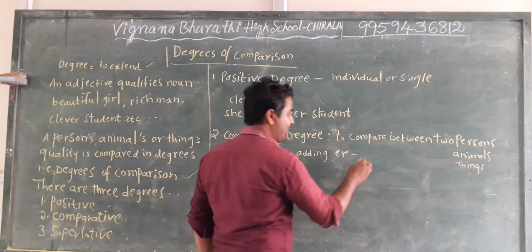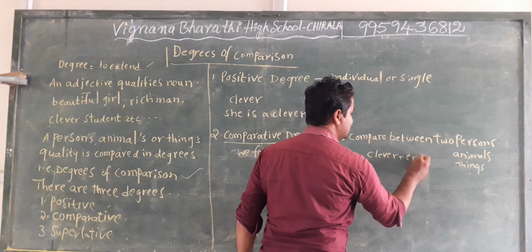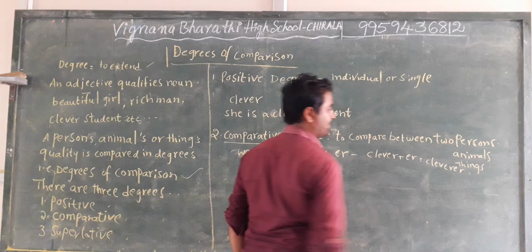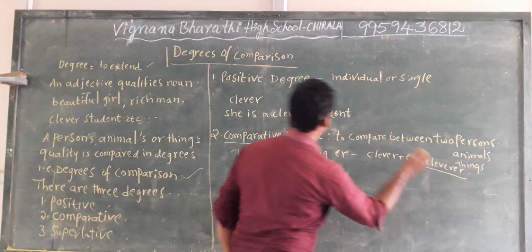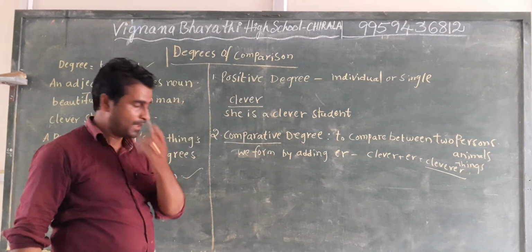For example, clever plus ER is equal to cleverer. So this becomes comparative degree and this becomes positive degree.